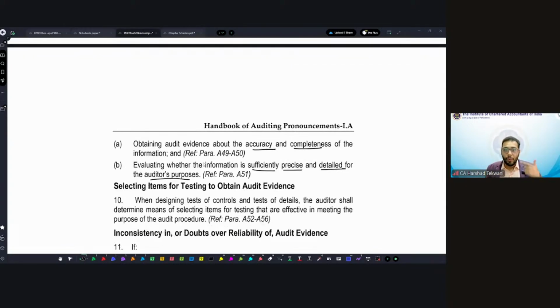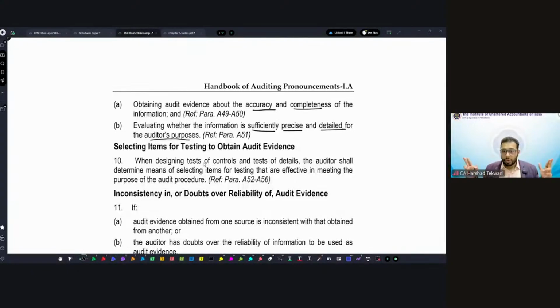And whenever you are thinking of testing, don't go for just audit. Think of smart audit. Think of designing the test of controls and test of details. Take evidence from both, not only test of details. Think of the controls. How can I get some details from the controls also?